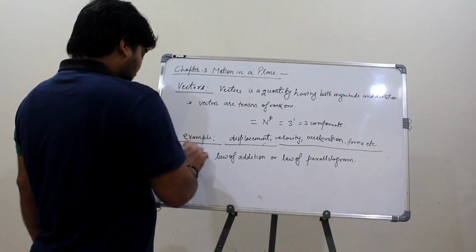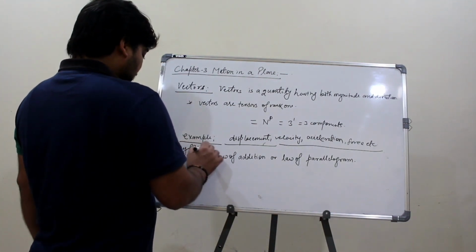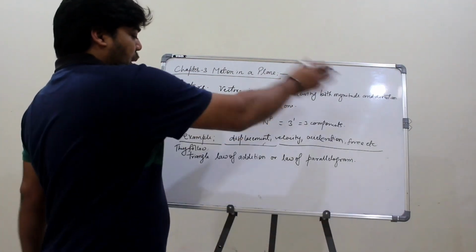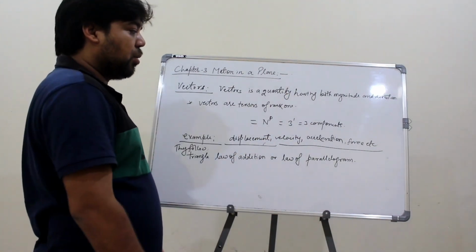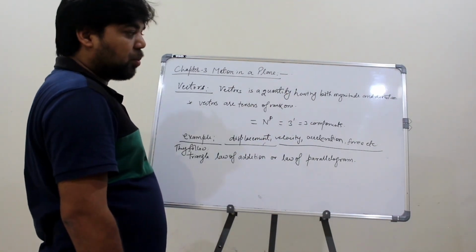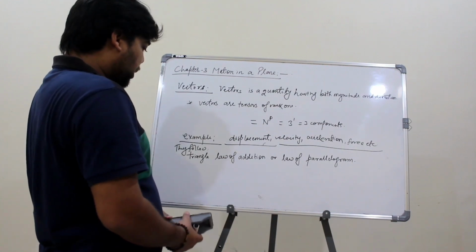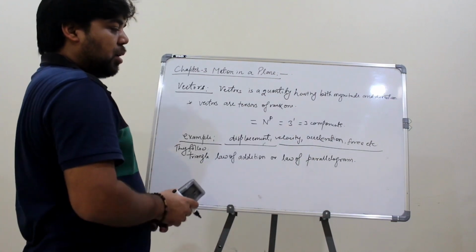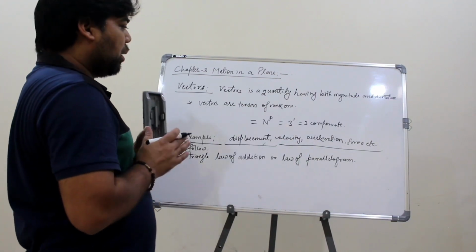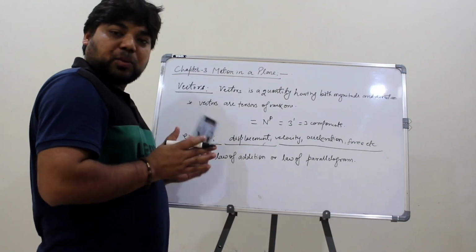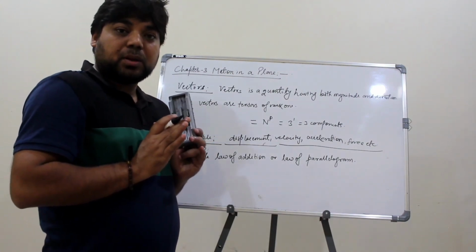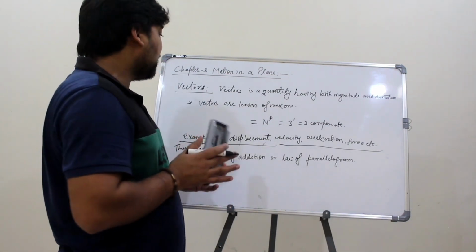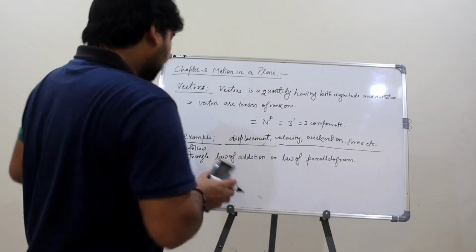Now we will talk about some of the important properties of vectors. We have given examples. We will start with the position, then displacement, then velocity, acceleration, and other things, right? So let us start with the position first.